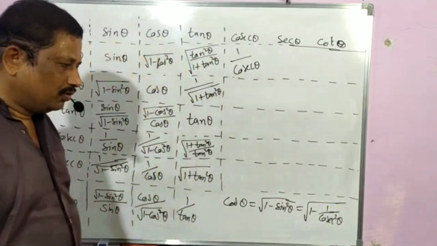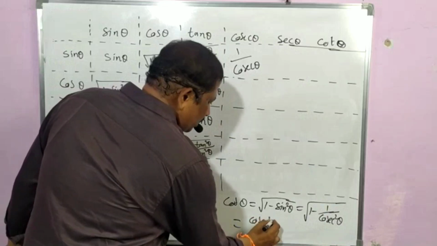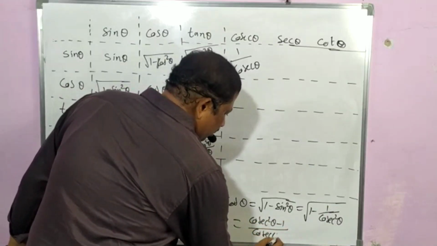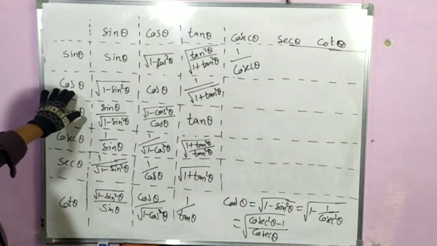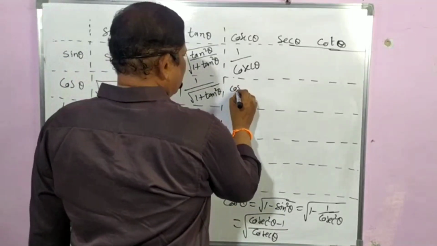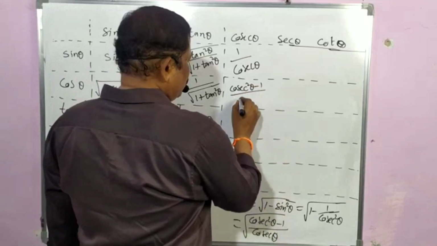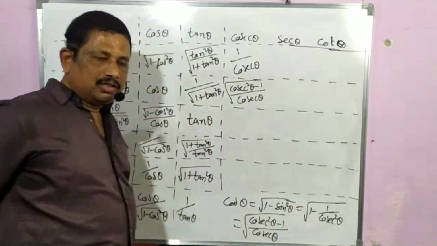If you simplify, it is cosecant square theta minus 1 by cosecant square theta, whole under root. So this is cos in terms of cosecant: root of cosecant square theta minus 1 by cosecant theta. Clear?